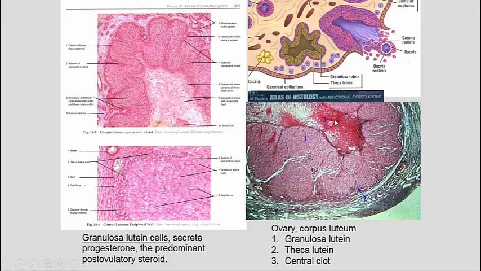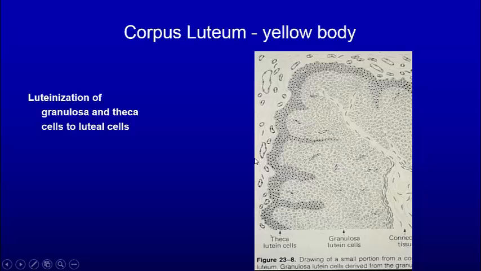So you see the hemorrhagium through there, and as the granulosa lutein cells develop, you can see they form a very large mass of cells. In there we see the granulosa lutein cells and the theca lutein cells.